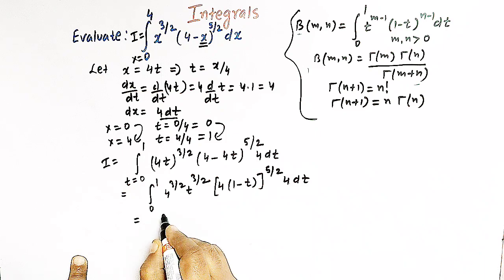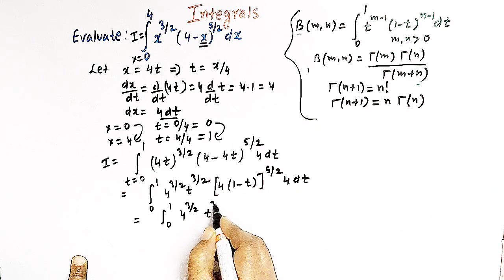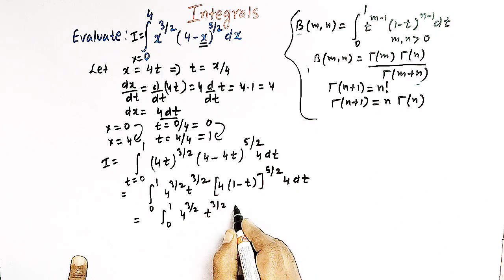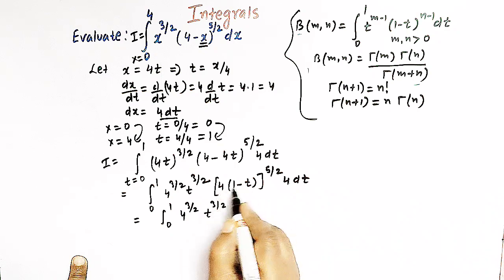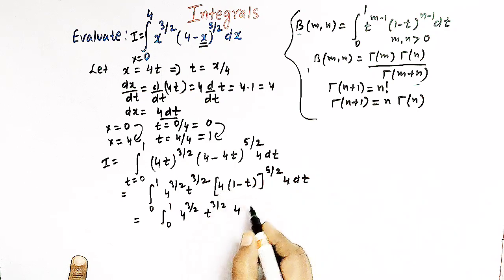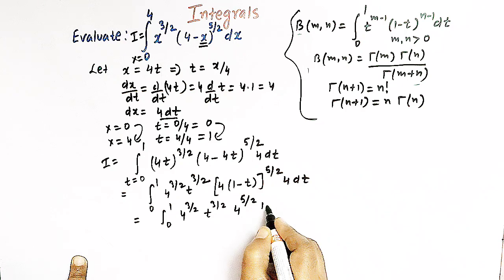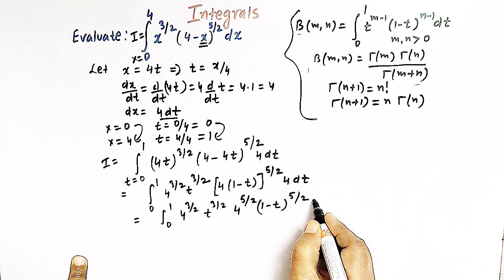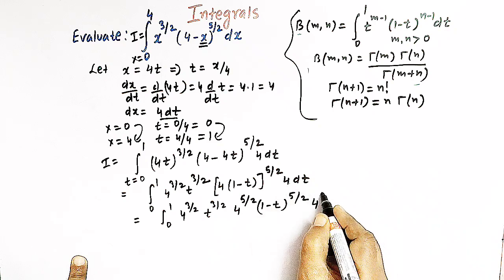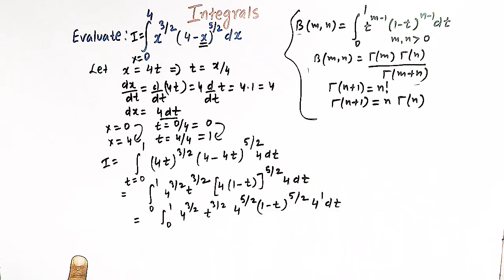So now we can write the integral from 0 to 1 of 4 raised to 3 by 2, t raised to 3 by 2, and then this exponent can be distributed over 4 and 1 minus t. So here we have 4 raised to 5 by 2, (1 minus t) raised to 5 over 2, and here we have 4, which can be written as 4 raised to 1, and here we have dt.